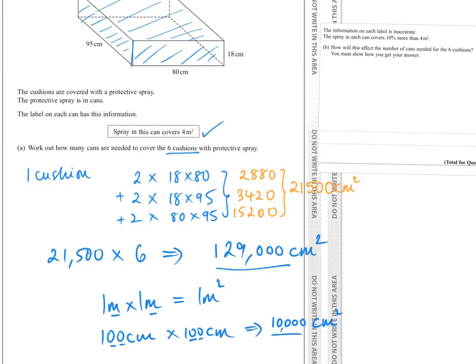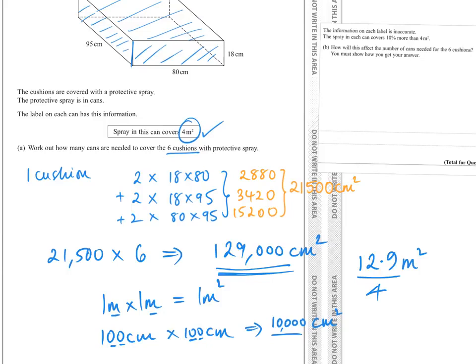So that's 10,000. So I've got to divide this number by 10,000 basically. So divided by 10,000 will convert to metre squares, and that gives me 12.9 metre squares.